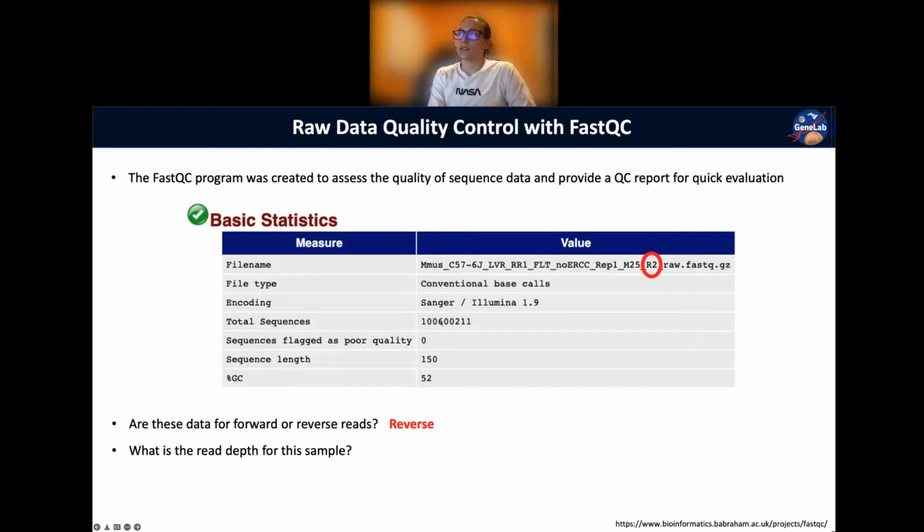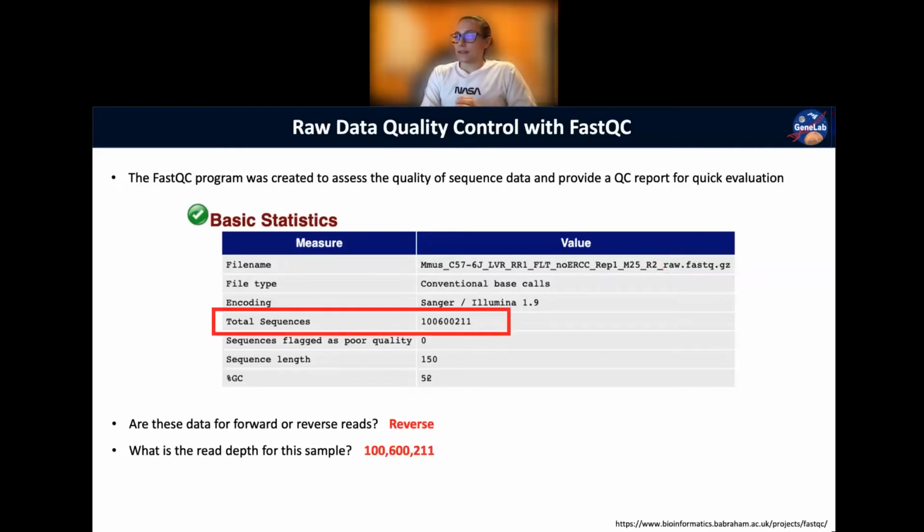100,600,211 reads to be exact. Just a quick note here. So if it is about 100 million reads, you don't have to tell me the exact number, but what calculation would you do to know how many lines you would see in that file?